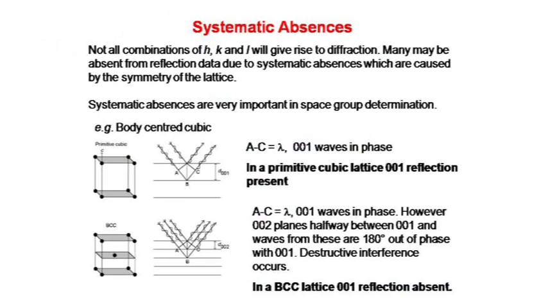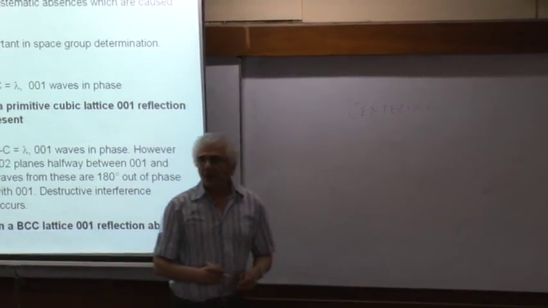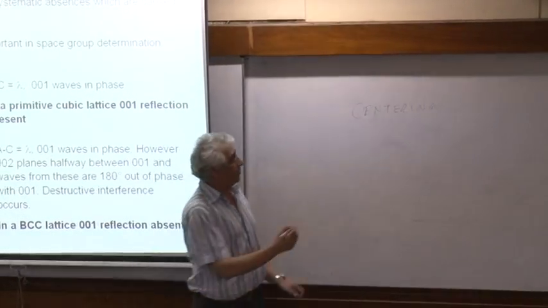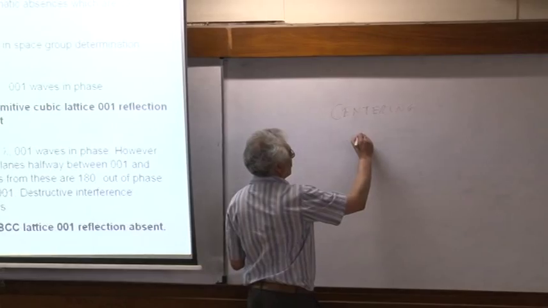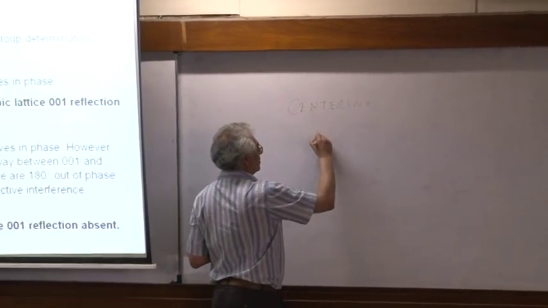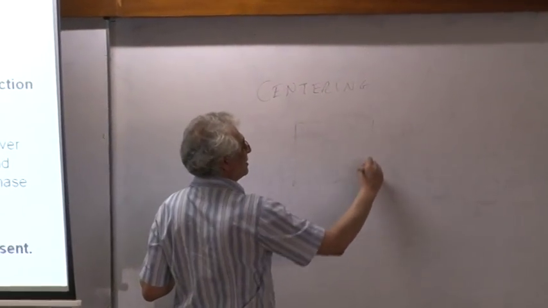So let me explain that to you. The types of symmetry that give rise to systematic absences arise from things like centering. So if your unit cell is centered, for example, in this case, we have a body-centered cell.